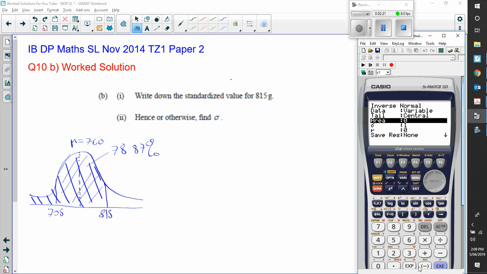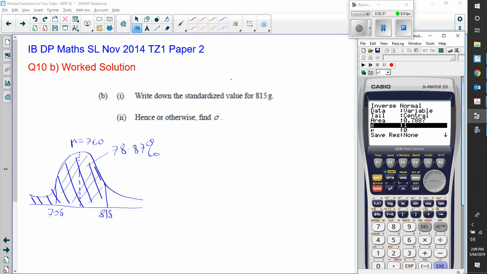Our area in decimal is 0.7887. We're going to leave our standard deviation at 1, and our mean, which we know, is 760.